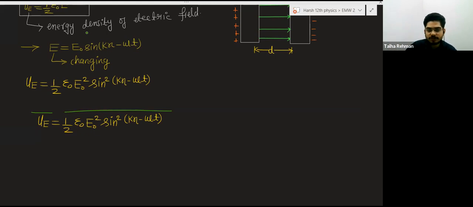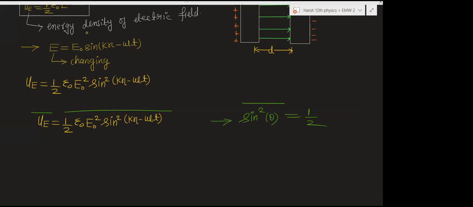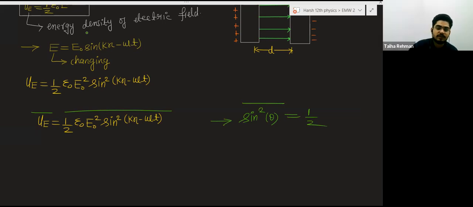And there is one more thing that you should know: the average value of sine square of any theta for a full cycle is equal to half. This also I have already told you in the last chapter. So you are calculating the average energy density corresponding to the electric field, U_E. Half is constant, epsilon naught is constant, E naught square is constant, and you take the average of sine square(kx minus omega t).